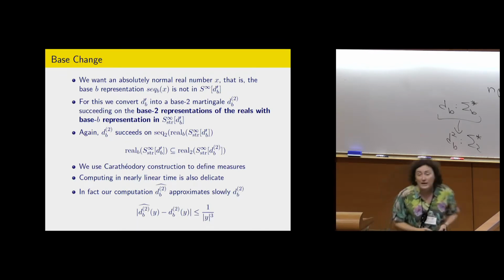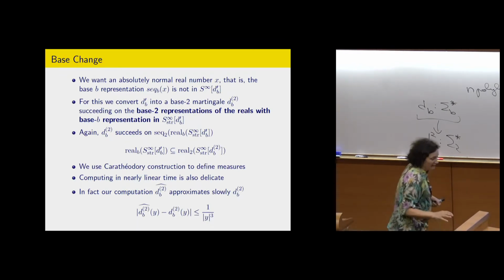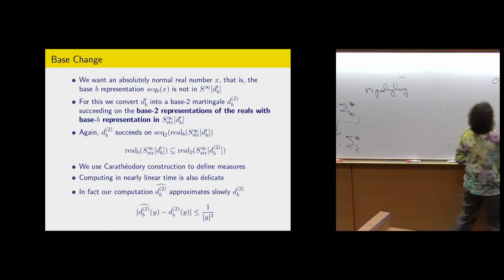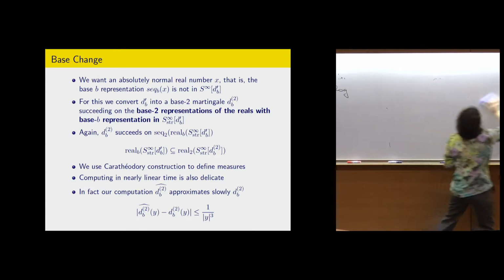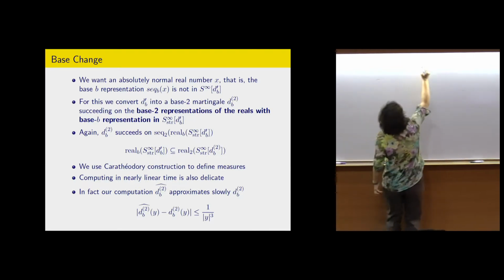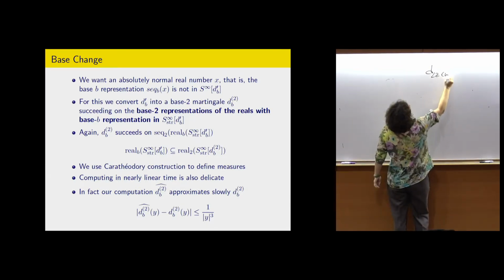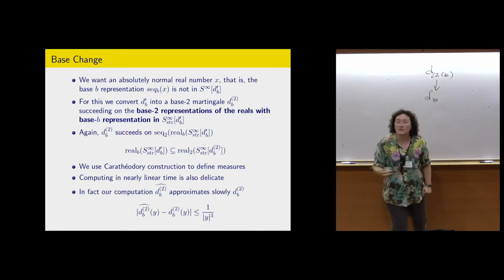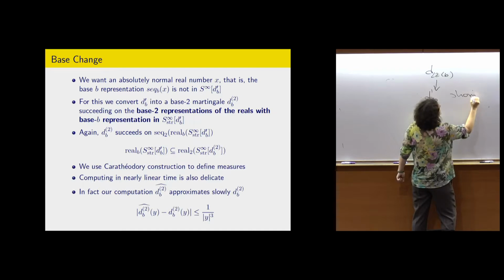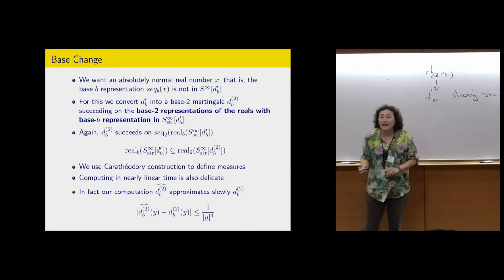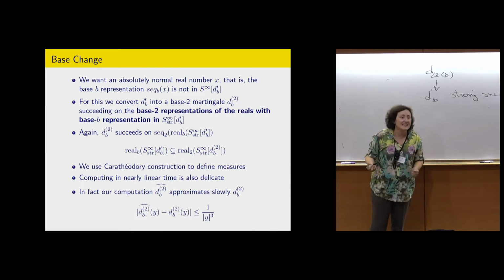And now, once you have that, let me just draw a small draft, and I'll finish here with this algorithm. We started with Lempel-Ziv for base B. I transform it into D prime B, in which I could use a strong success. Now, since this martingale has a strong success, it is slightly easier to change base.